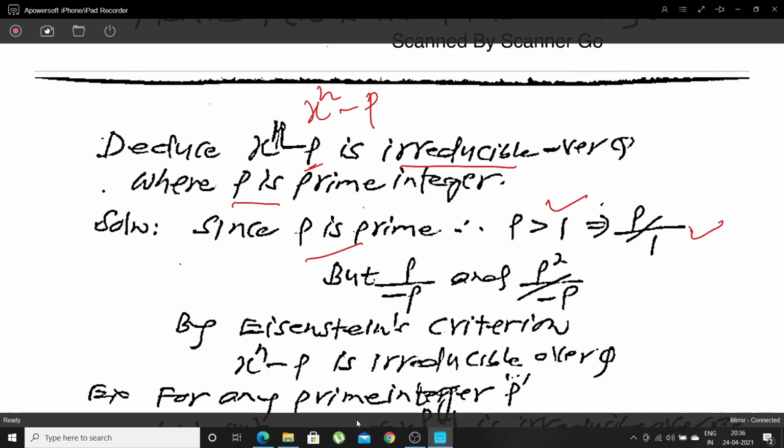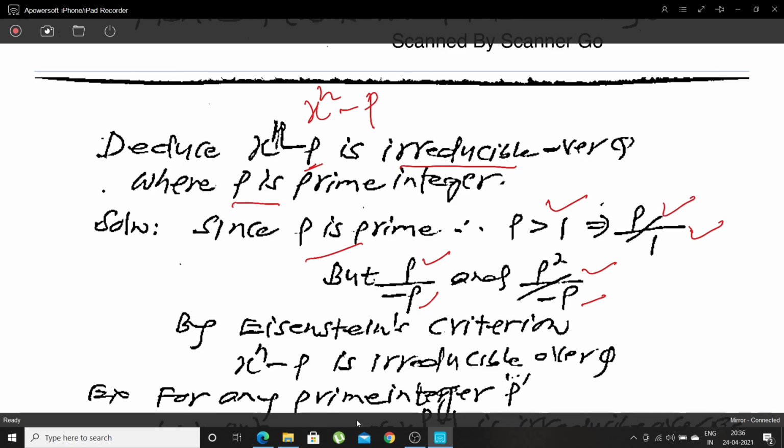We know that p divides minus p, and p square does not divide minus p. Here we see p divides a naught, where a naught is minus p, and p does not divide a n, that is 1, and p square does not divide a naught.